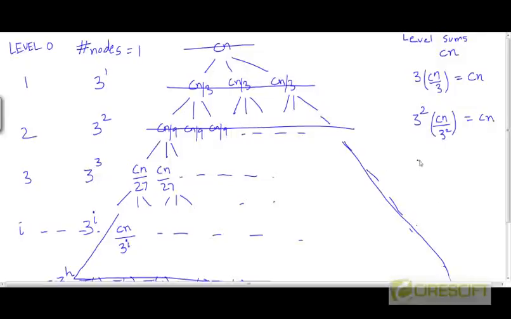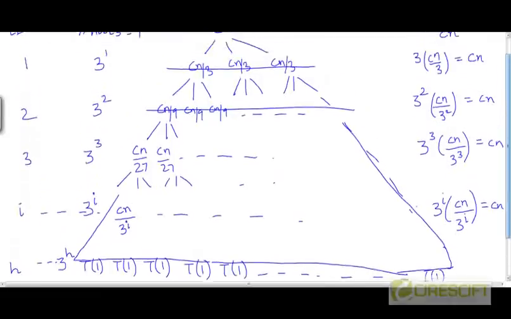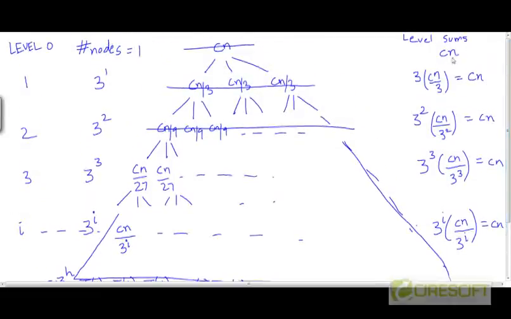At level 3 we have 3 to the power 3 nodes, each with cost Cn by 3 cube, which is also Cn. At level i we have 3 to the power i nodes, each with cost Cn divided by 3 to the power i, which is Cn. You can see that the level sums are the same for every level.